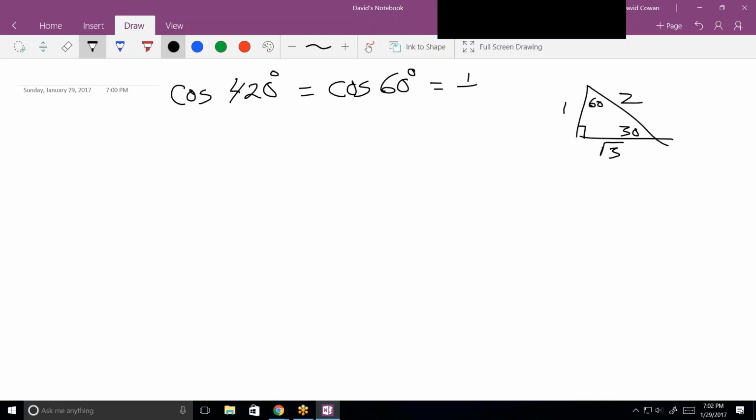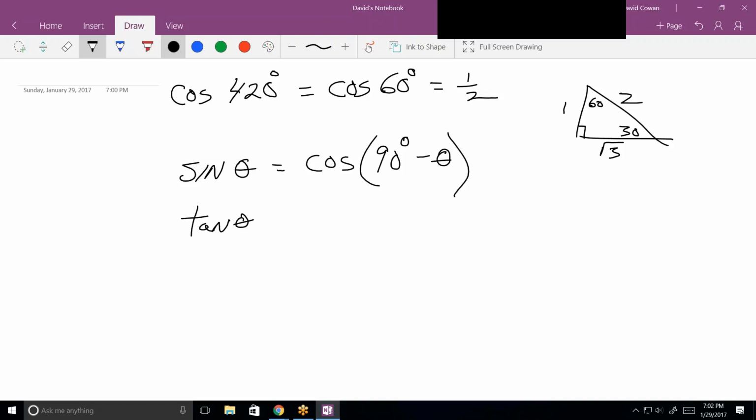Right. And in fact, there is a trig identity that exists from cofunctions. Might as well cover this now. You may not have gotten to it yet, but, of course, the reverse is also true. Notice why these are called cofunctions.